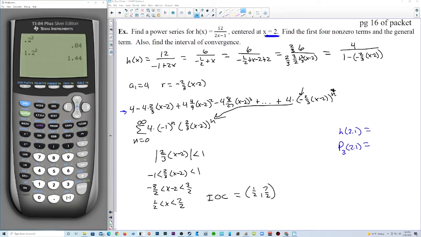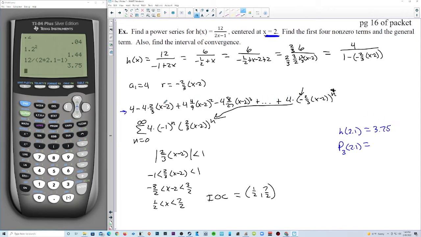So let's find the function value. Let's take 12 divided by 2 times 2.1 minus 1. So 3.75. So this is 3.75.